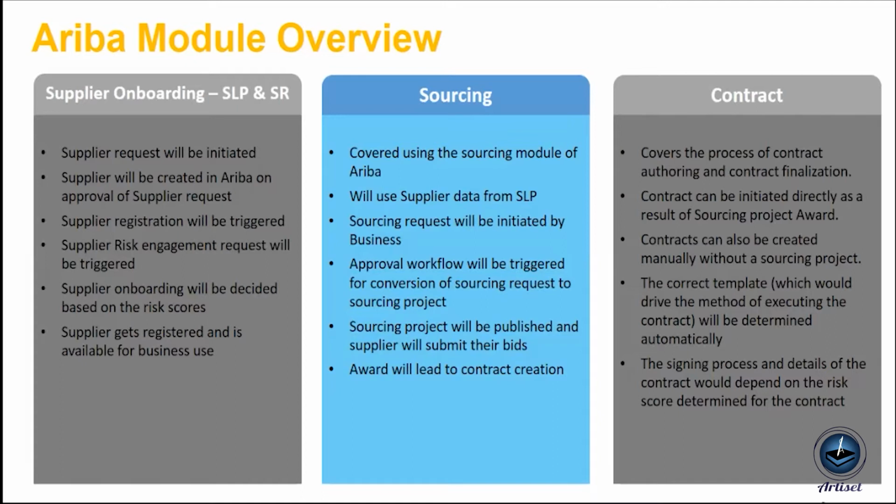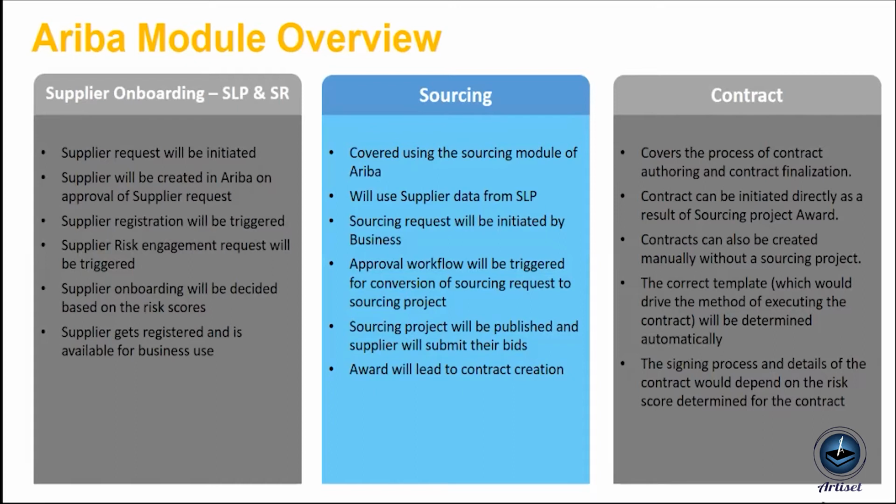So for IT commodity, if a sourcing request needs to be raised, the appropriate approval flow will be triggered automatically. Once it is approved, the sourcing project will be created, and we'll go into how we can execute that sourcing project and the awarding scenarios we can create in the system.